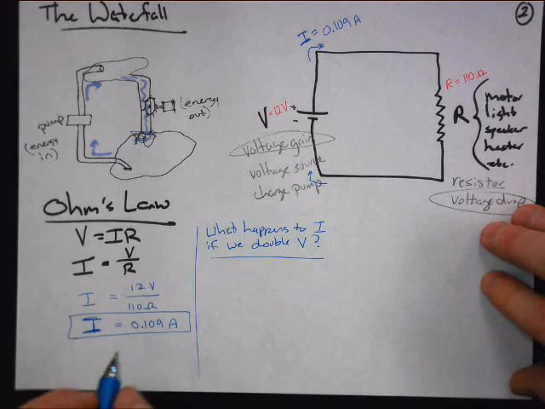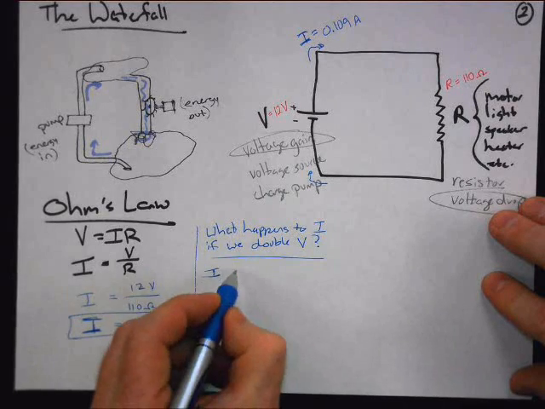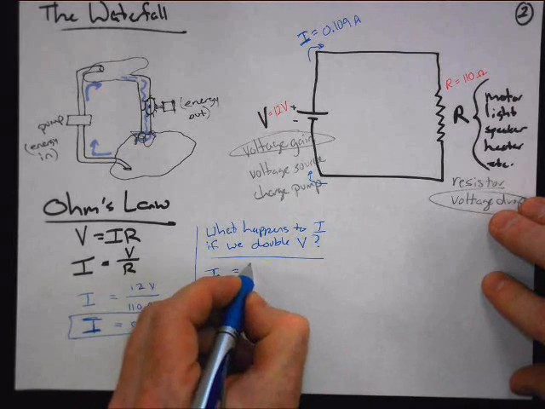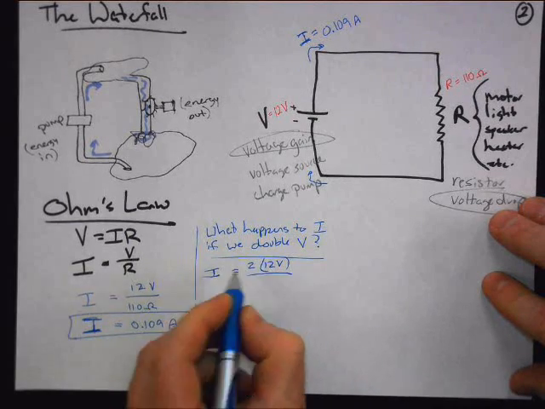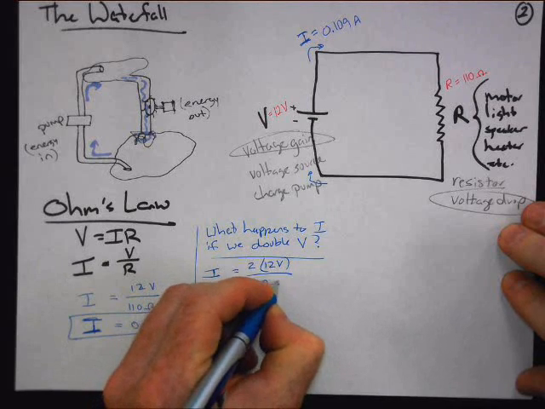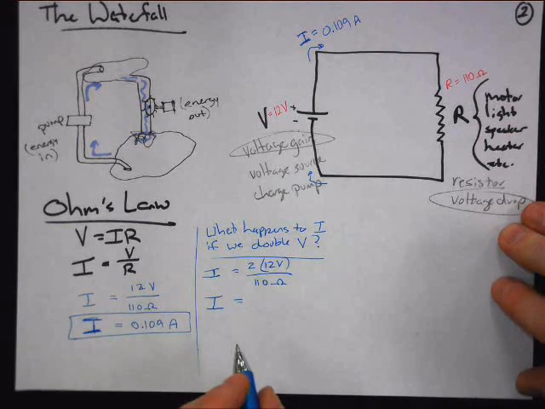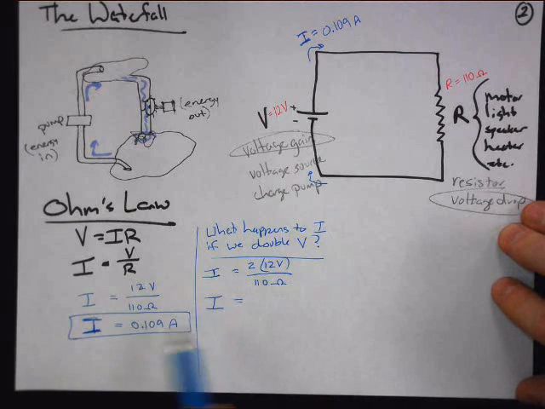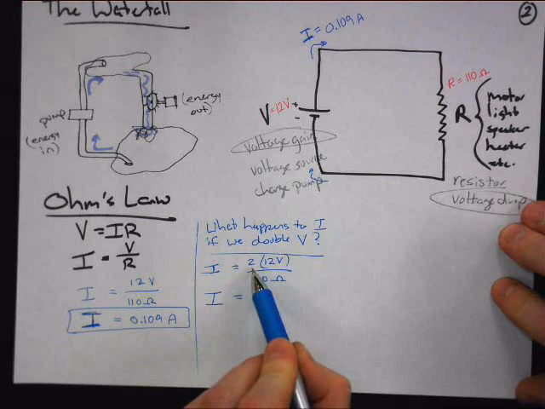We know that I is still equal to voltage divided by resistance, but we're going to double the voltage. So 2 times my 12 volts. I'm doubling that voltage, and I'm keeping the resistance the same, 110 ohms. And so, what's the current? Well, I'm essentially taking this right here and multiplying that by 2.